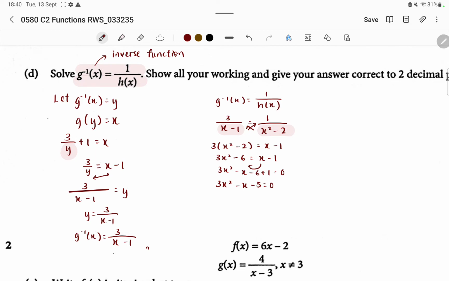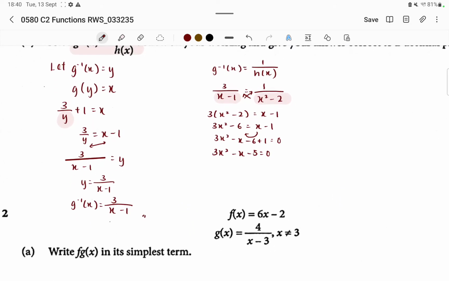And then after that, this one you can use the quadratic formula. So x equals negative b plus or minus square root of b squared minus 4ac, over 2a. So this one is the formula, and then we substitute in.